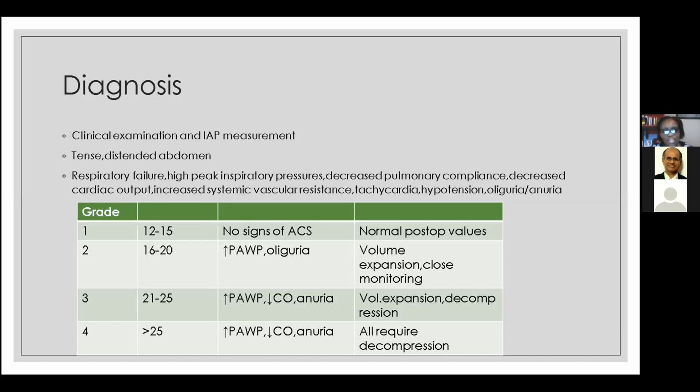And then other signs and symptoms: since most of these patients are critically ill, you might find that they're in respiratory failure, they have high peak inspiratory pressures, decreased pulmonary compliance and cardiac output, tachycardia, hypotension, and oliguria, and later anuria.